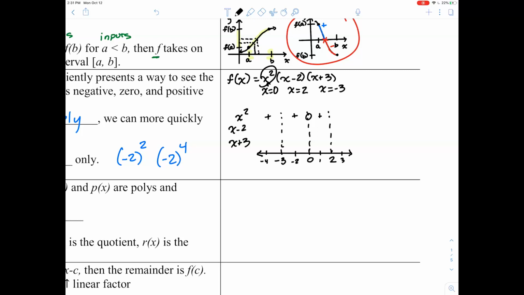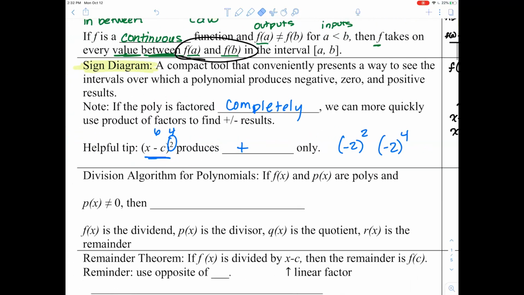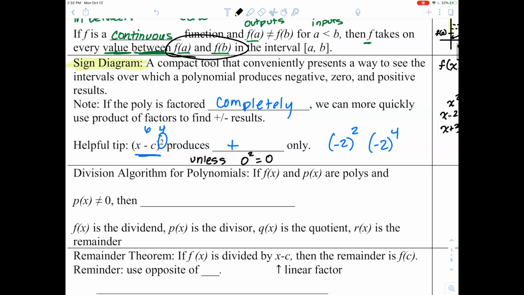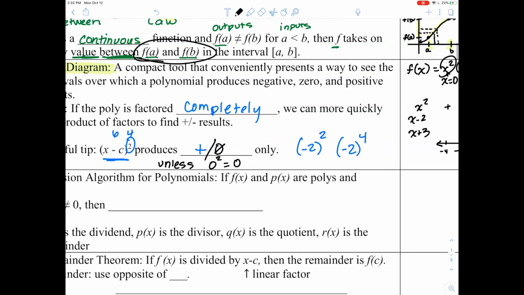If I plug in a 3, 3 squared is 9. That's positive. So like I said, quantity squareds are always going to produce positives unless it's a 0. 0 squared produces a 0, but all of the other numbers squared are going to produce positives. So let's write positives or zeros only. That should have been what I wrote there.